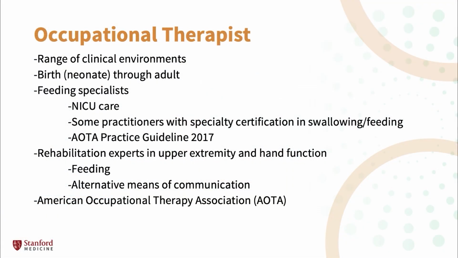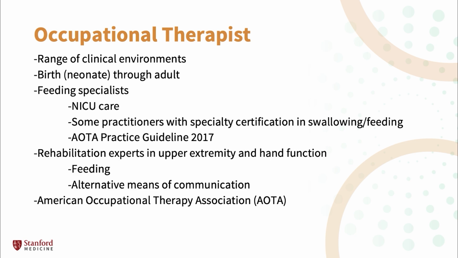They're also rehabilitation experts in upper extremity and hand function. So really they are the key provider for a lot of the feeding guidelines and recommendations, and we'll hear from one of those providers today. Upper extremity and hand function has an impact on how people might use a communication device and how they're able to interact with an AAC device. Their national organization in the US is the American Occupational Therapy Association.